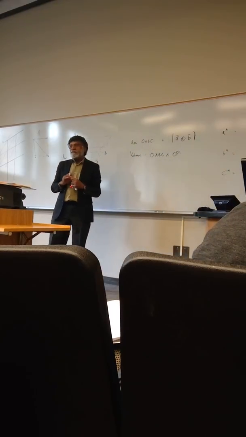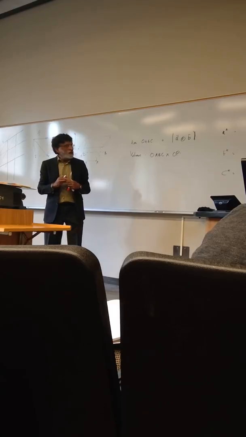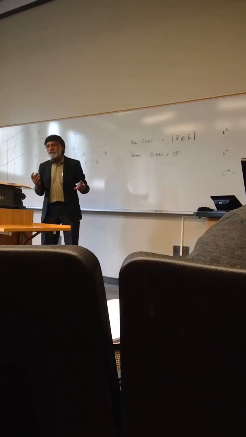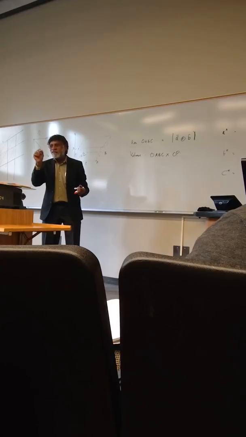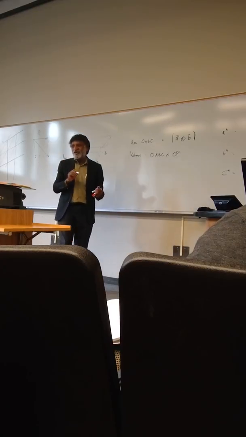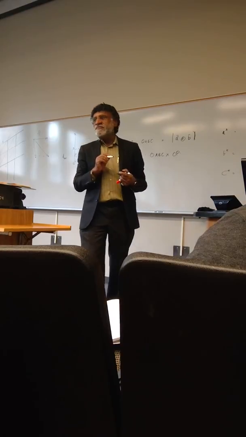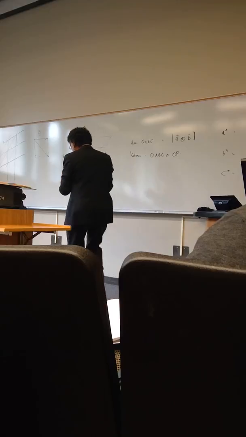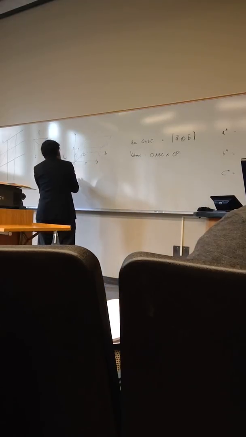The bar is on top of a, b, and c, so that means it's a vector. It's just the way that I write it, because otherwise it will be a scalar. In the text you will have bold, but I cannot do bold, so I do a line. This is the c vector.